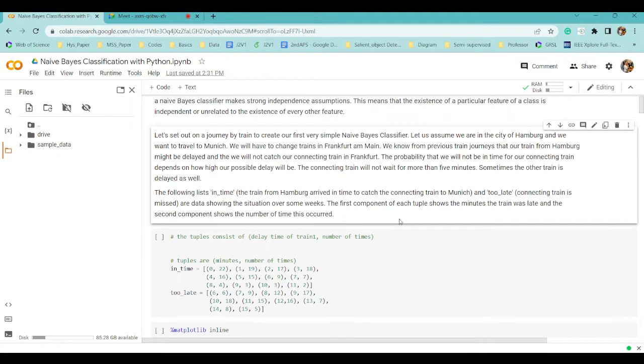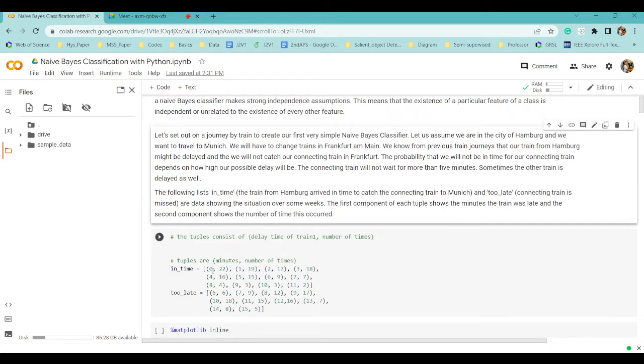The first component of each tuple, the big bracket you can see now. In the big bracket there are so many different numbers, so that is called a tuple, meaning a section of parameters or numbers or information, whatever it is. The first component of each tuple shows the minute the train was late, and the second component shows the number of times this occurred.